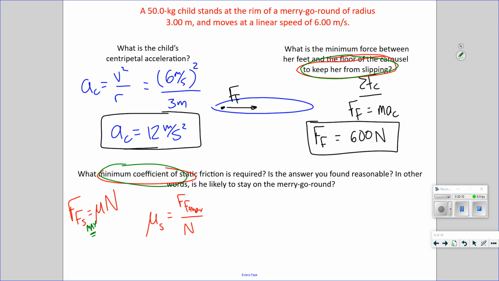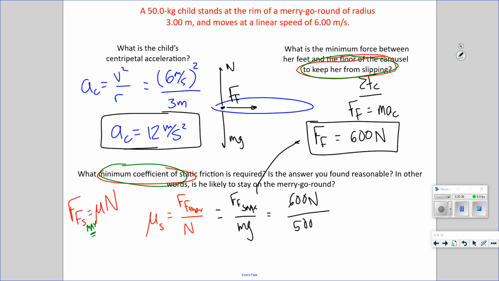All right, so let's see. Here's normal, here's mg, so this is Ffs max over mg, which is 600 newtons over mg, 500 newtons.